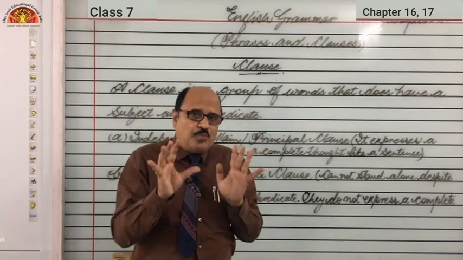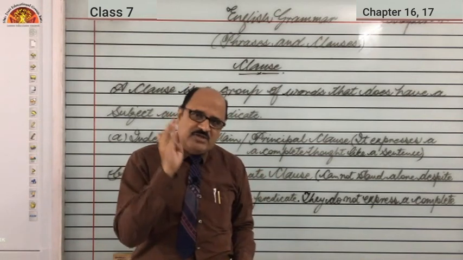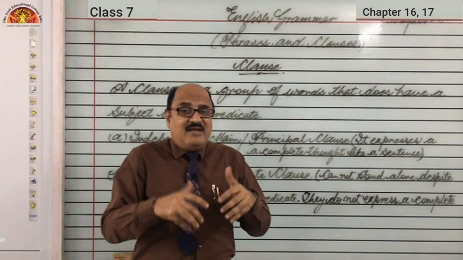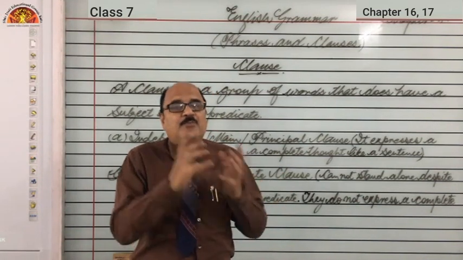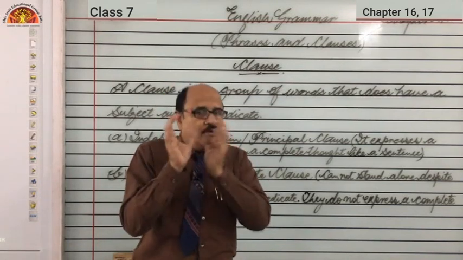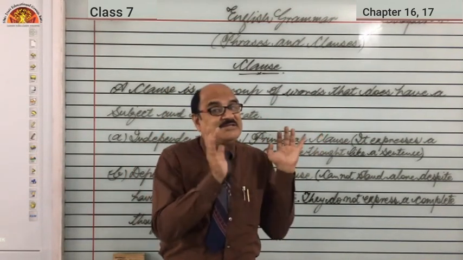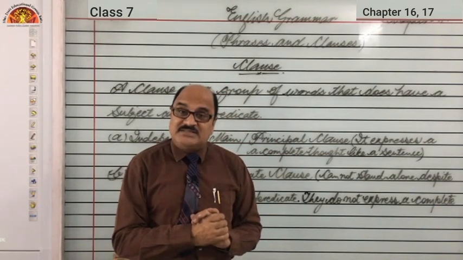Okay, so this group of words is called a sentence. Why? Beginning with a capital letter, ending with full stop, and it expresses its own complete sense with a subject and predicate. And what is subject? Rahul. And likes mathematics, this is a predicate. So we can say, dear students, this is a sentence.